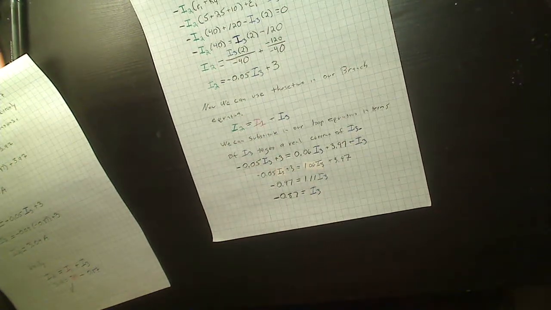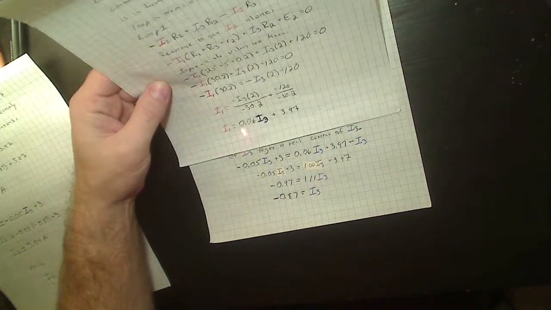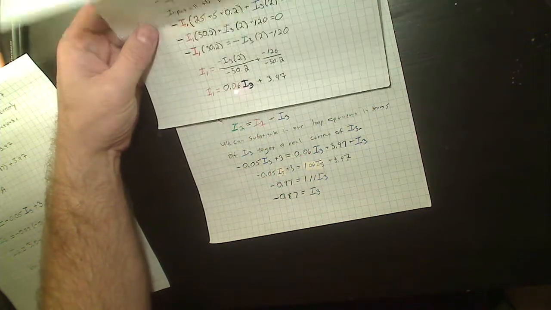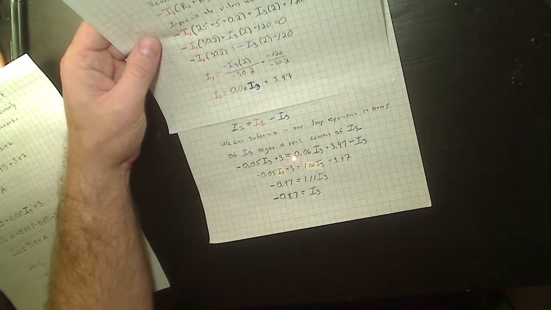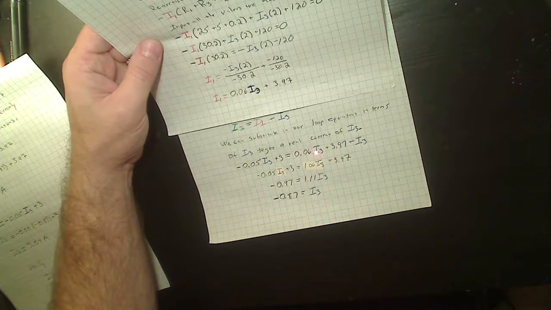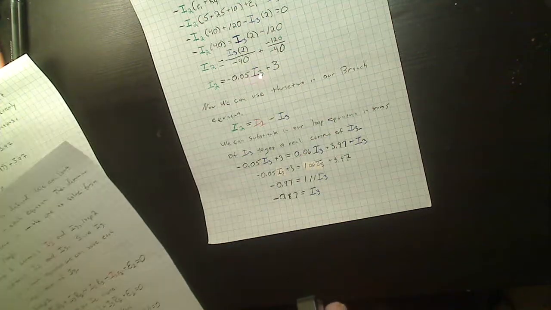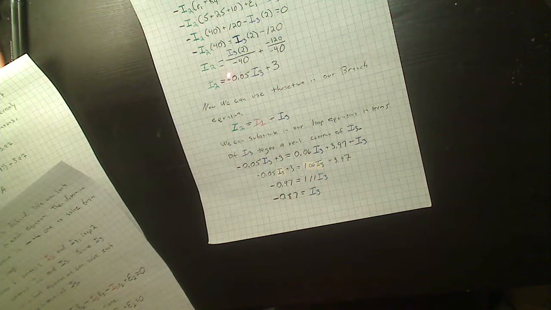We solved loop 1, and we said I1 was equal to 0.06 I3 plus 3.97. So for I1 here, I've put in 0.06 I3 plus 3.97, and that's this value here. And I2, we've just said is minus 0.05 I3 plus 3. That's alone on this side, so I just substituted this value here.